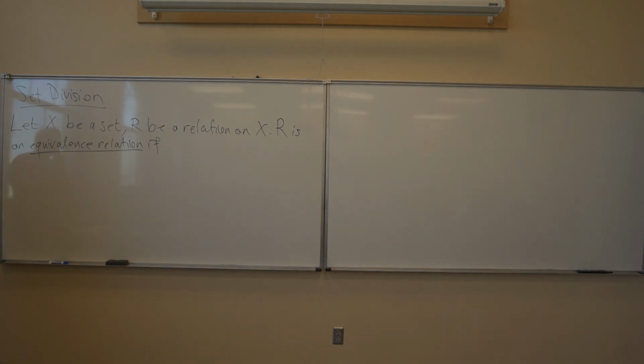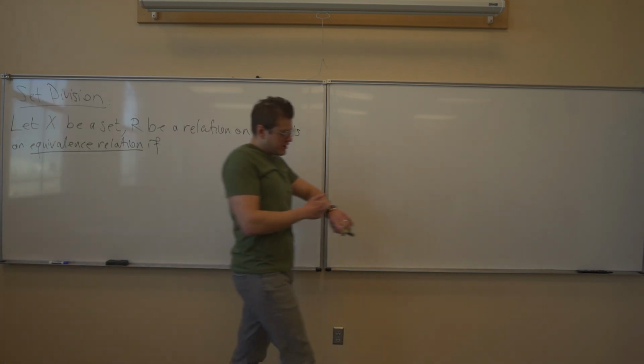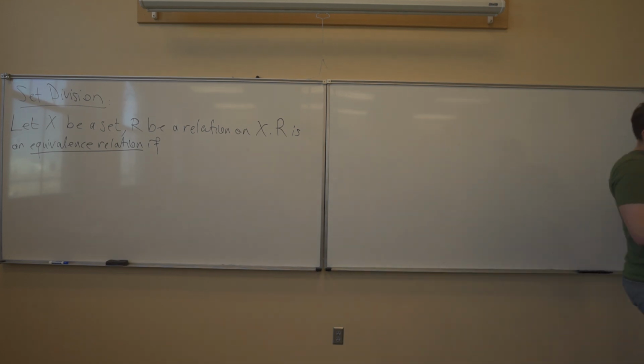Maybe before going into it, how many of you are familiar with what is called modular arithmetic? Okay, some of you. So this is basically a generalization of modular arithmetic. Modular arithmetic is the arithmetic of, let's say, an analog clock.